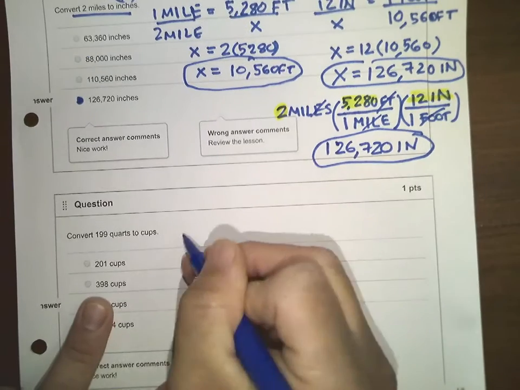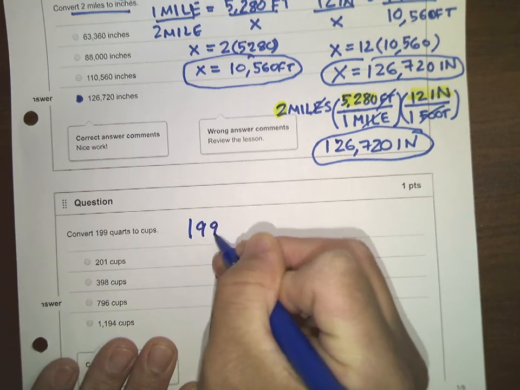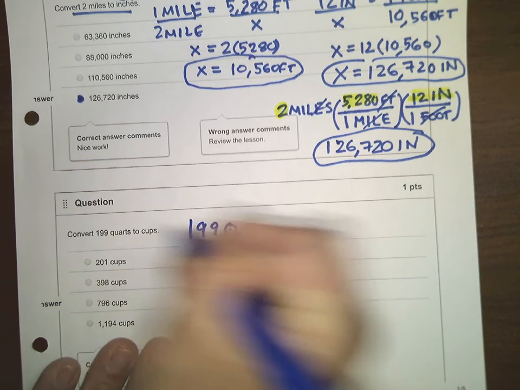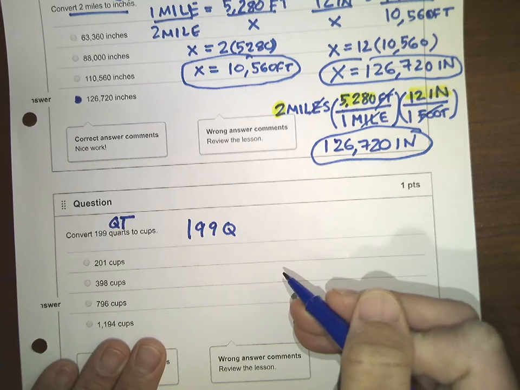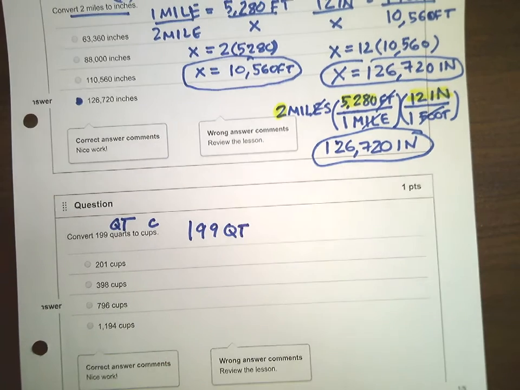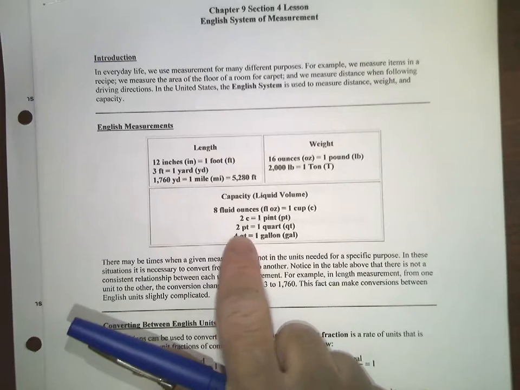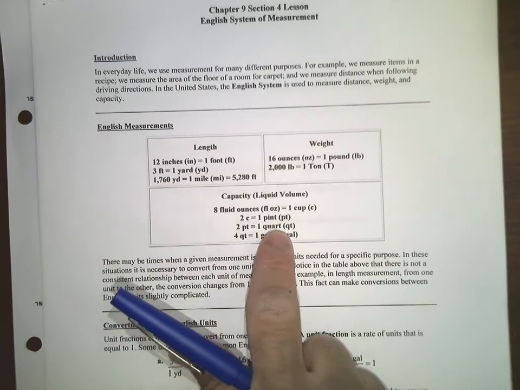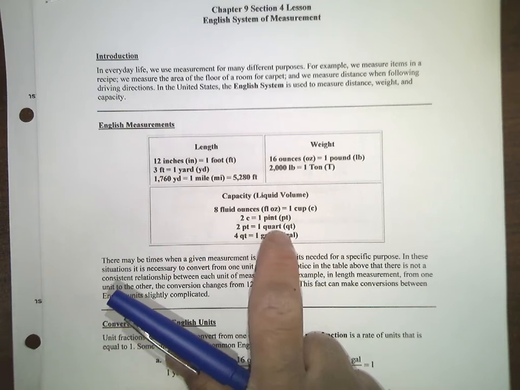We have 199 quarts to cups, so 199 quarts. QT is for quarts, and cups is usually just C. So let's look at our sheet here. Where do I have quarts on the page? Well, I have 2 pints is equal to 1 quart.